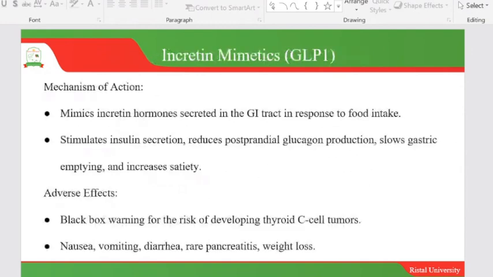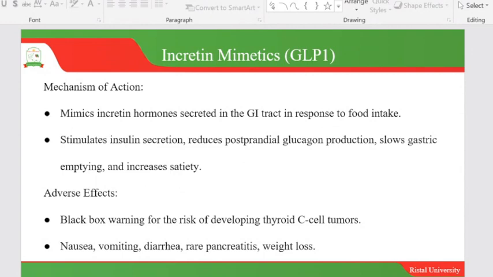Then the other drug is incretin mimetics. The mechanism of action of these drugs: they mimic incretin hormones, which are secreted in the GI tract in response to food intake. They stimulate insulin secretion, reduce postprandial glucagon production, slow gastric emptying, and increase satiety. So they reduce the digestion to make sure that when the person eats, the glucose is not released rapidly in high amounts.